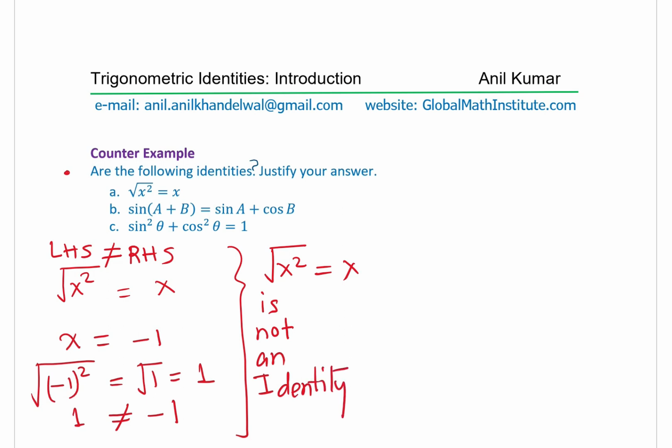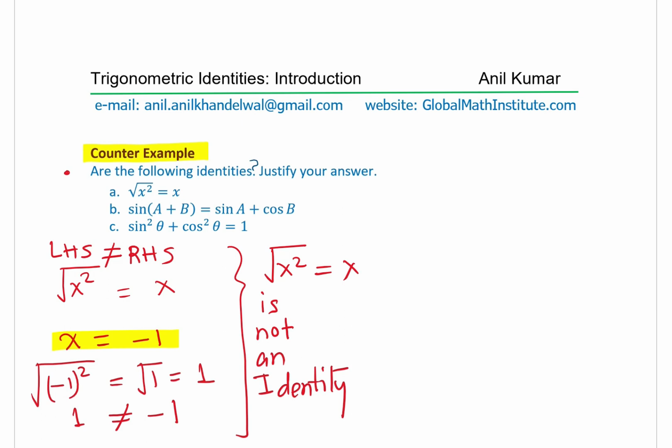Is that clear to you? Correct. So we have an example and we call this a counterexample. So I hope you have understood the concept. To prove an identity, we are trying to prove that left side is equal to right side. In this particular case, we took a specific value of x as minus 1.